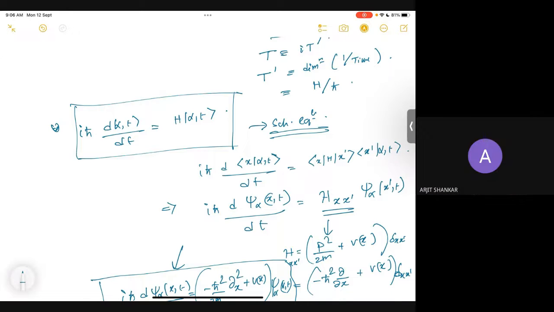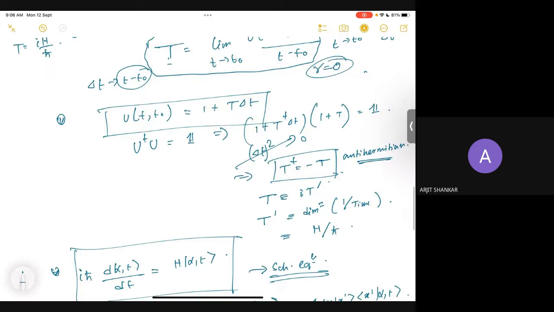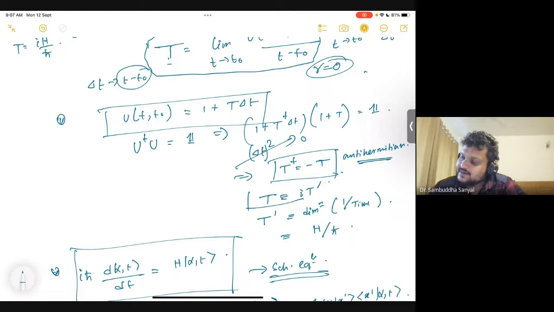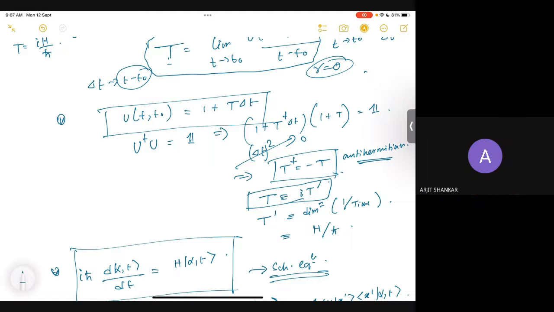And sir, when we are plugging in that value of t prime as capital H by h bar, how is that i term coming there? No, this i, right? So T is an anti-Hermitian operator, right? So I am writing T is equal to i T prime, where T prime is Hermitian, just like before. Did you follow the displacement operator case? Yes, sir, I got it.